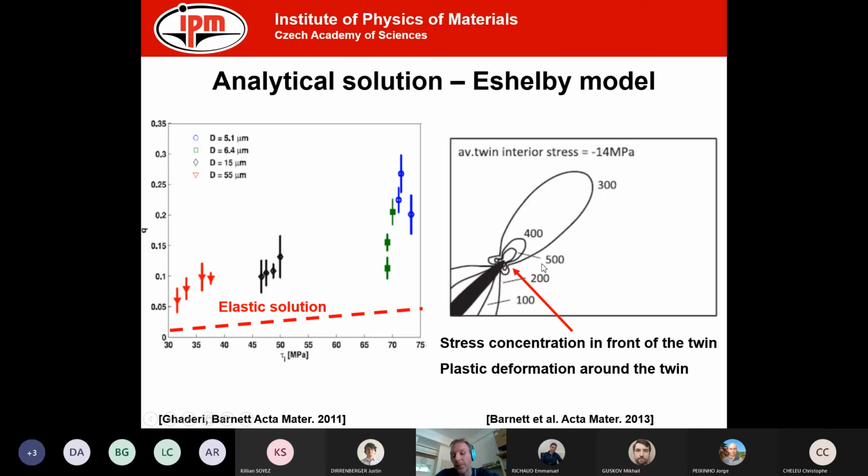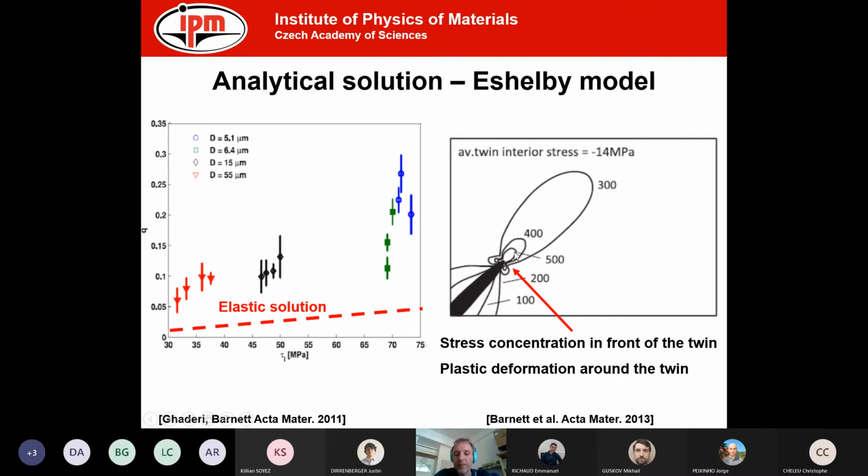And the problem is probably quite obvious if you look at the stress that is in front of the twin tip. The twin here is this black ellipse. You can see that there is quite a large stress concentration at the twin tip. In that case, you can imagine that the twin acts similar to a crack.